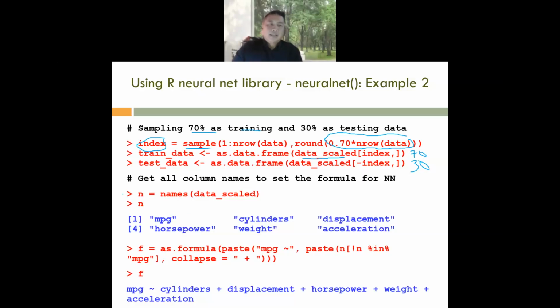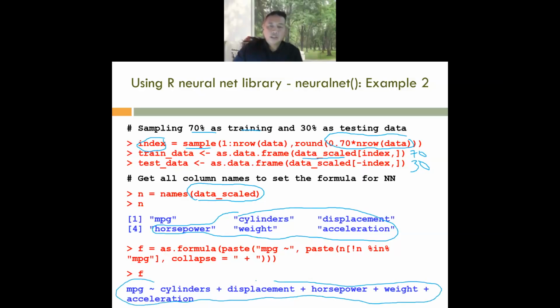In the next statement, we just get the list of names for the scaled data we have here, because we want to form the formula. The formula here will be miles per gallon, tilde, and all these variables that we have. Or you could write it yourself manually using this.